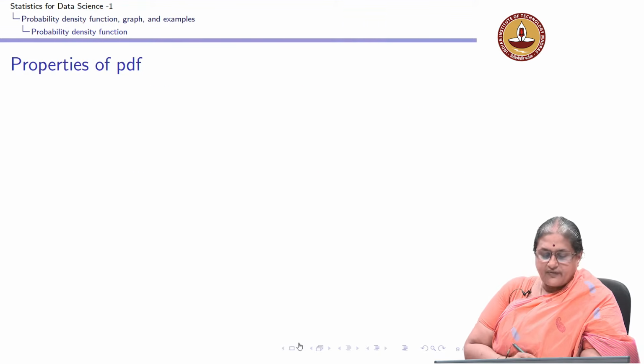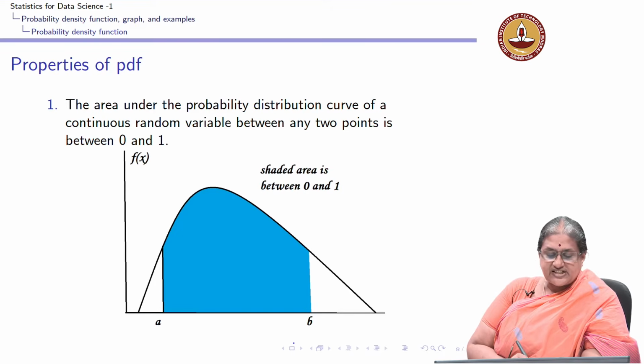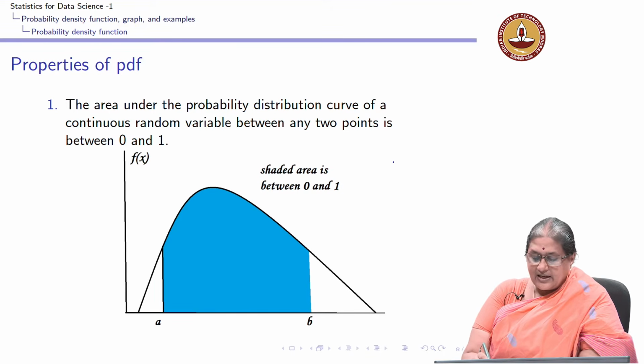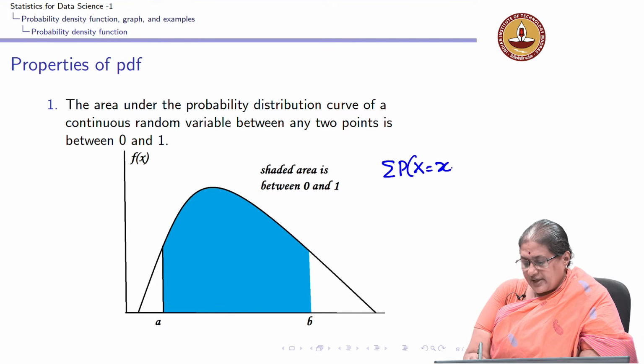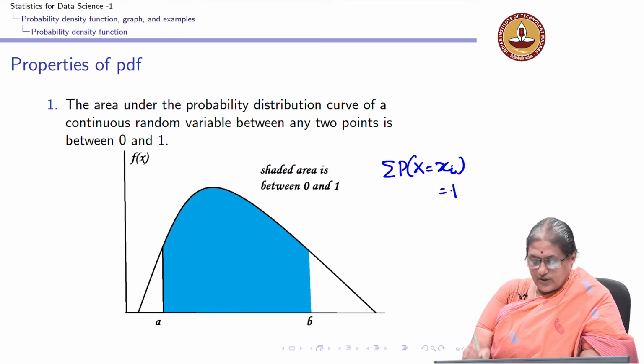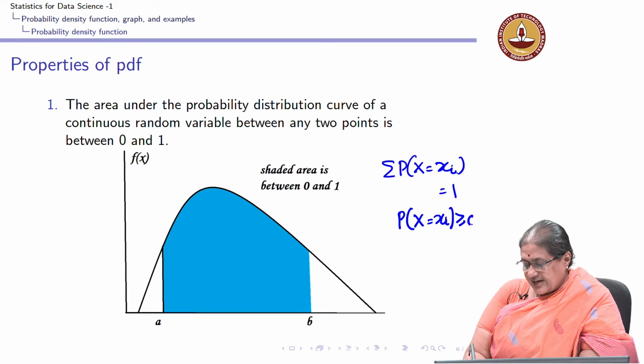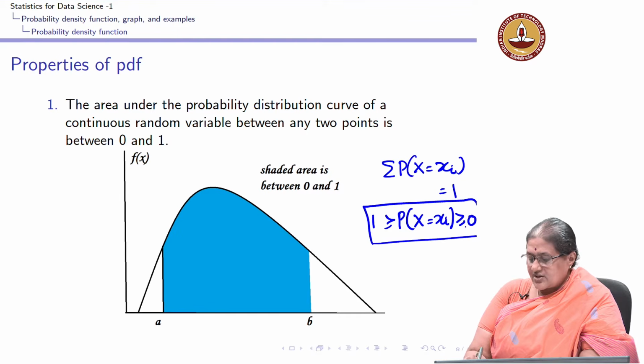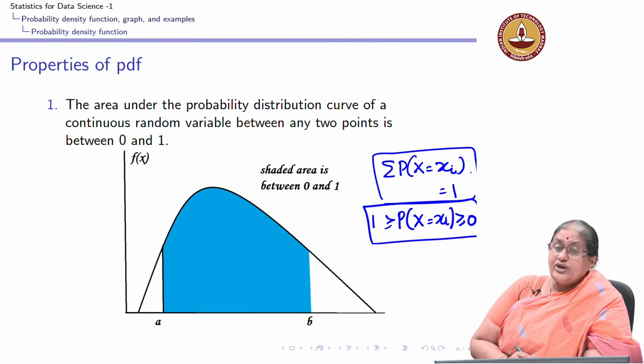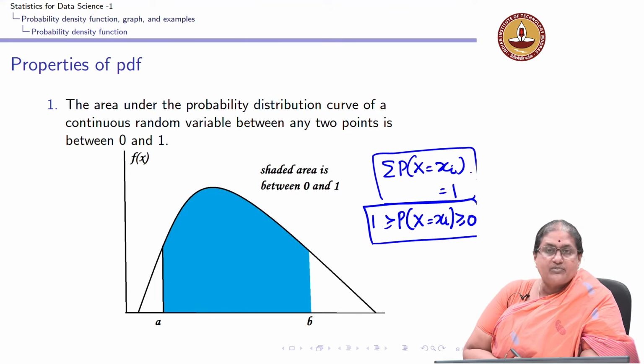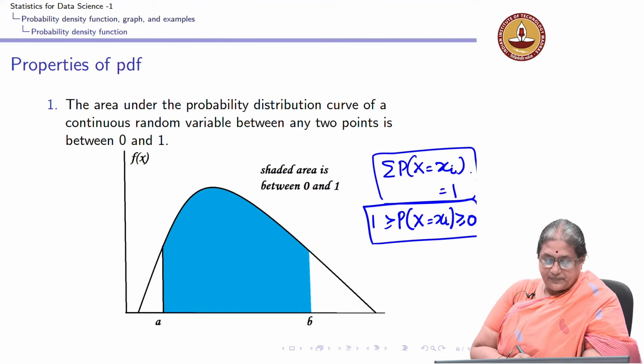Again, recall when we looked at the probability mass function, I said that the summation of all probabilities of x is equal to 1, and we said probability x equal to xi is greater than or equal to 0 and less than or equal to 1. These are the two properties I used to verify whether something was a probability mass function.